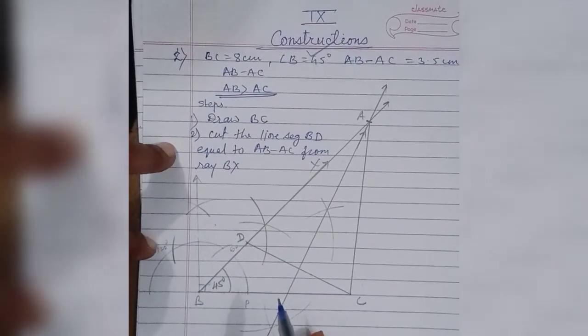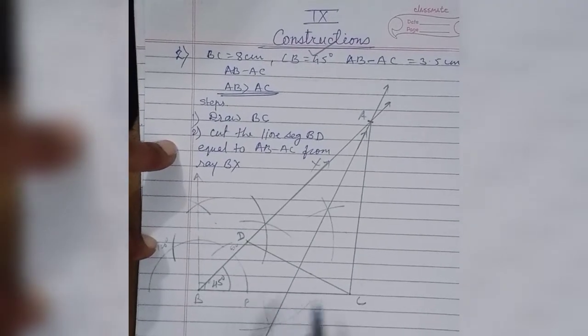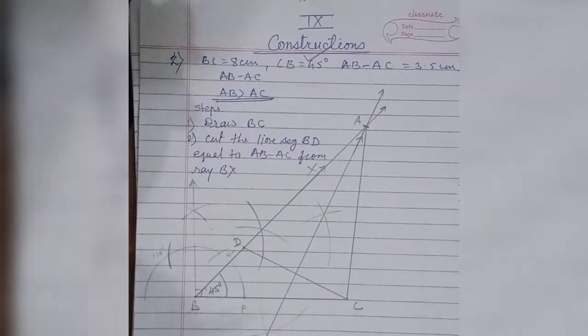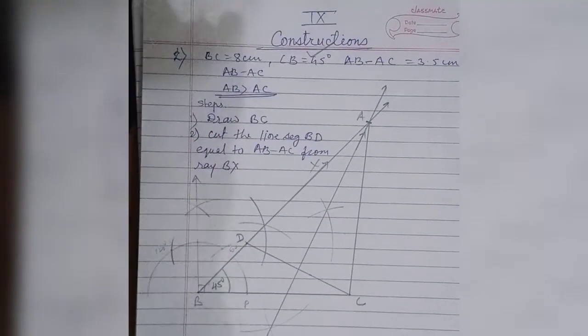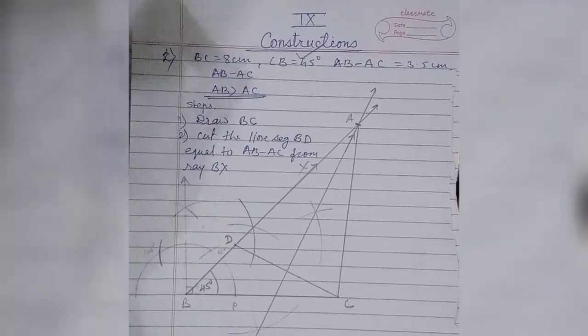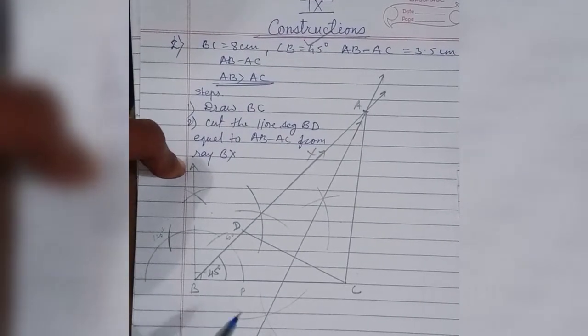Okay, now AD equals AC. Why? Because it's a perpendicular bisector.